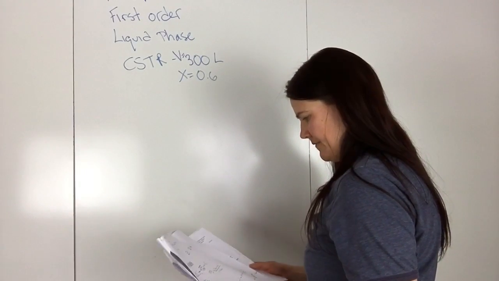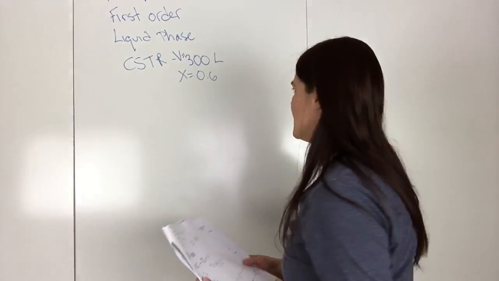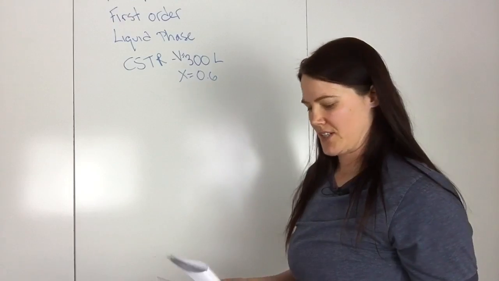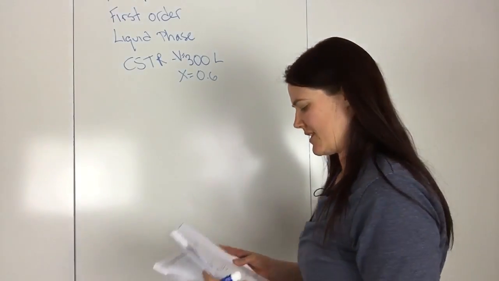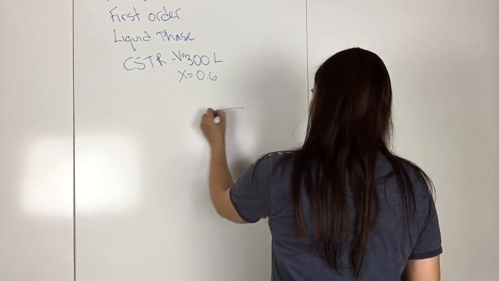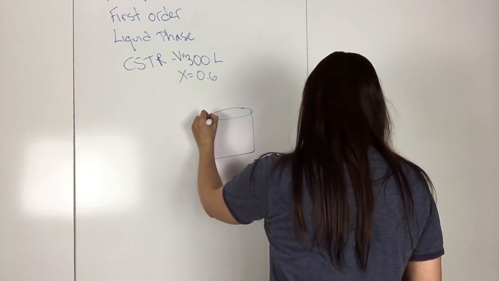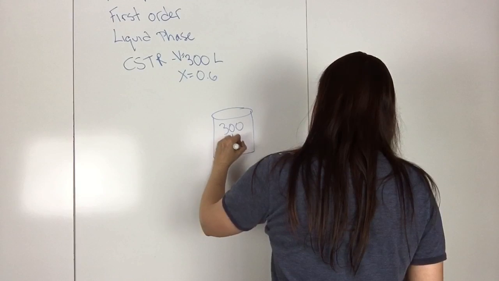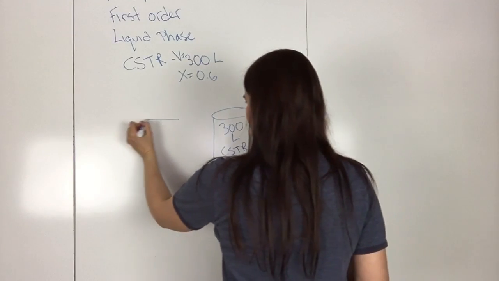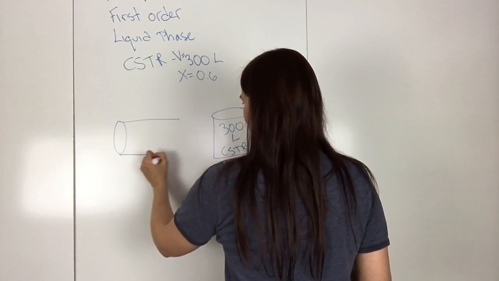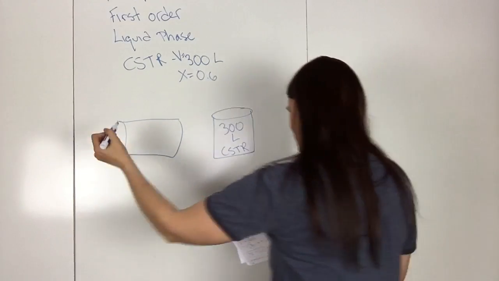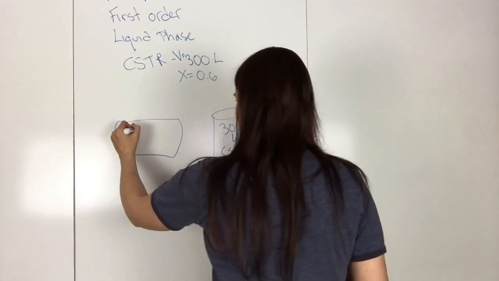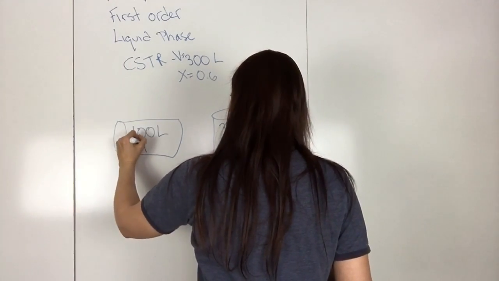I think for this problem, it helps to draw a picture of what you're actually solving, because you have two reactors in series. First, you have a CSTR that's 300 liters. And then you install a PFR upstream, so that's in front of it. You know this one's 100 liters.